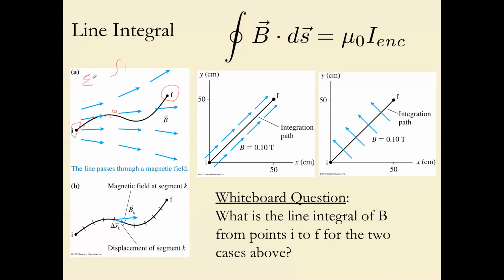So the summation of delta S will be equal to the integral of this small segment. We call it a line integral.